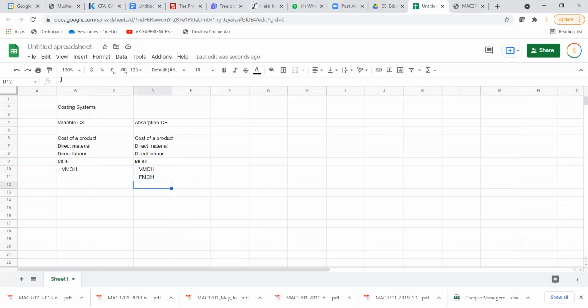For a variable costing system, manufacturing overheads only include variable. For absorption, manufacturing overheads include both fixed and variable. So the only difference between the cost of a product for the variable costing system and the absorption costing system is that the absorption costing system includes fixed manufacturing overheads. Very, very important.